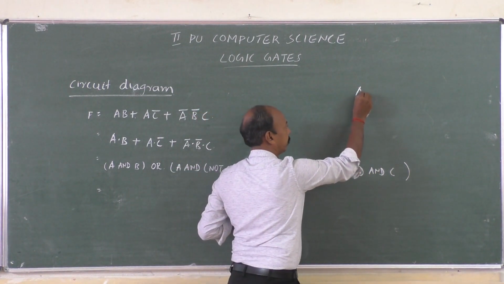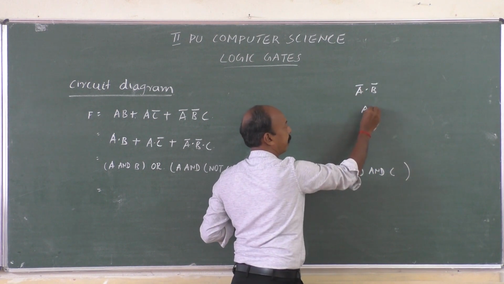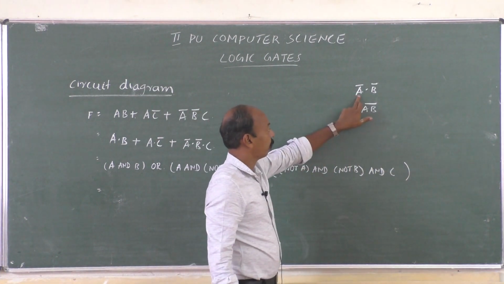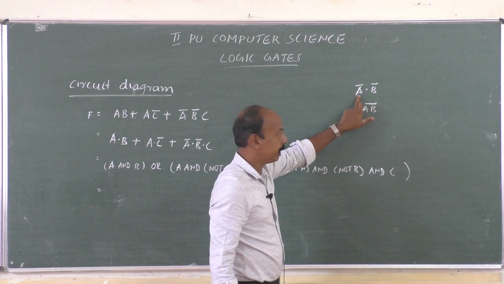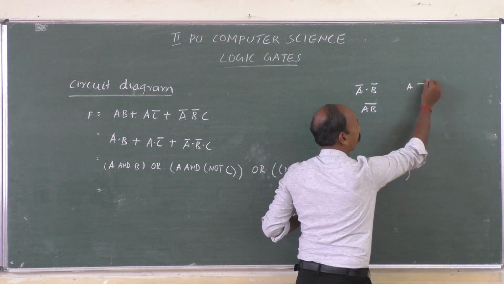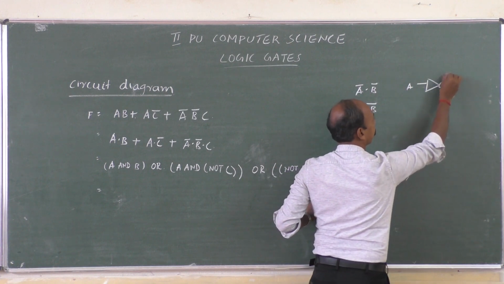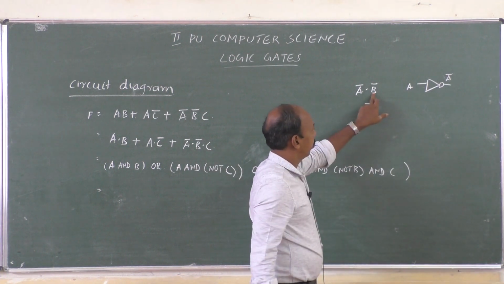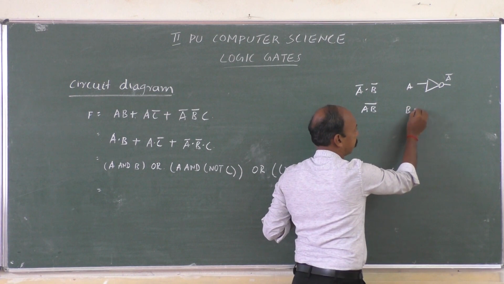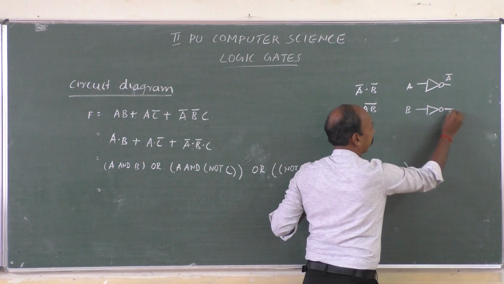Already we have seen A bar dot B bar and AB whole bar. What is the difference? Here this is the complement of A, first complement A. Suppose this is A, complement that A, what we will get? A bar, right? B bar, complement B. If this is B, complement B, what we will get will be B bar.